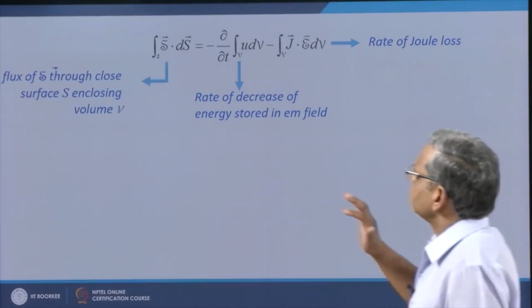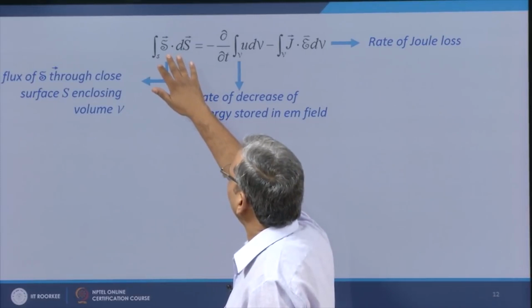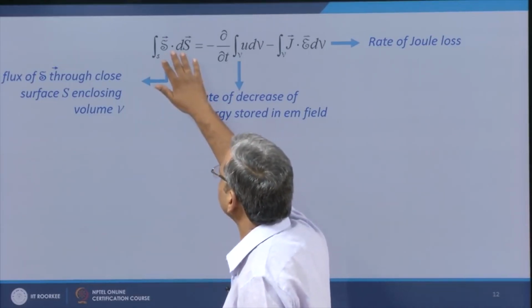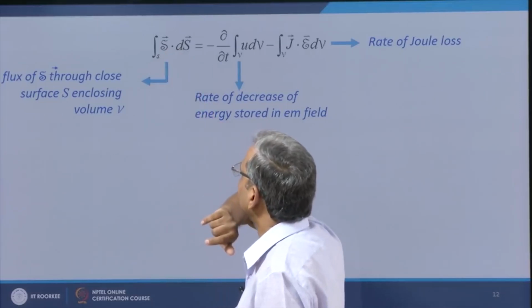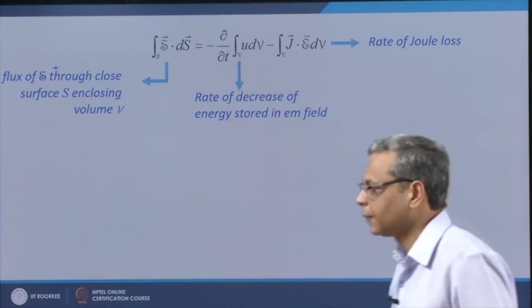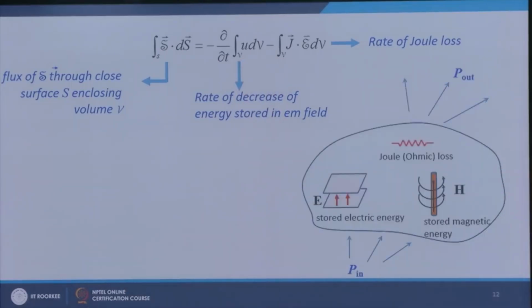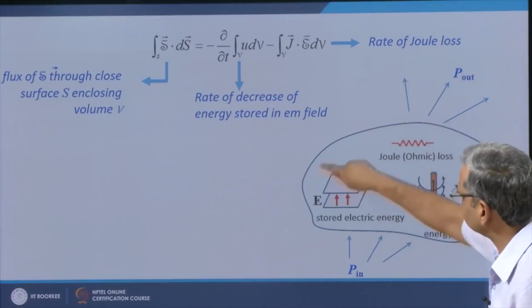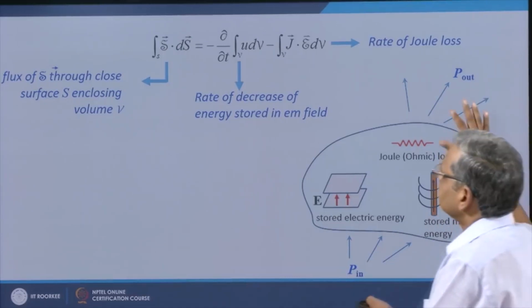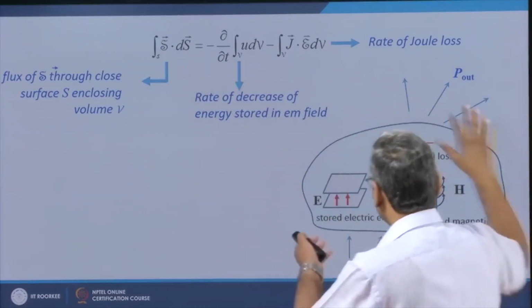I can now interpret S. If I look in this form, S dot ds is nothing but the flux of this vector S through the closed surface S, which encloses this volume V. If this is the volume and this is the surface area S, and I have some power P in, some power P out, then this is the net outward flux through this volume.